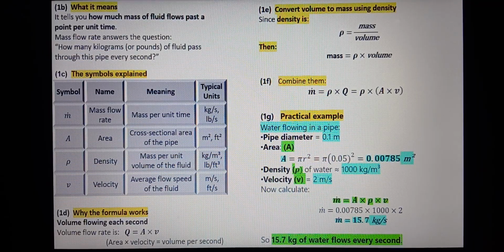And velocity V is 2 meters per second. If we now calculate with the formula, we get mass flow rate equals 0.00785 times 1,000 times 2, which will equal about 15 kilograms per second. So 15 kilograms of water flows every second.